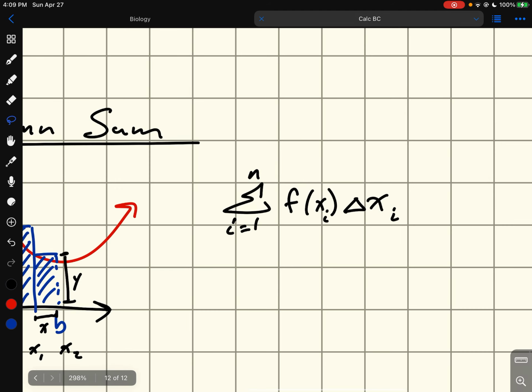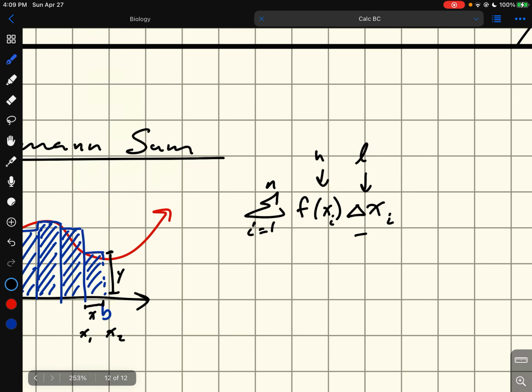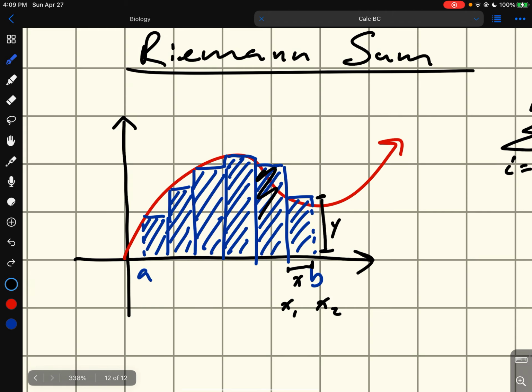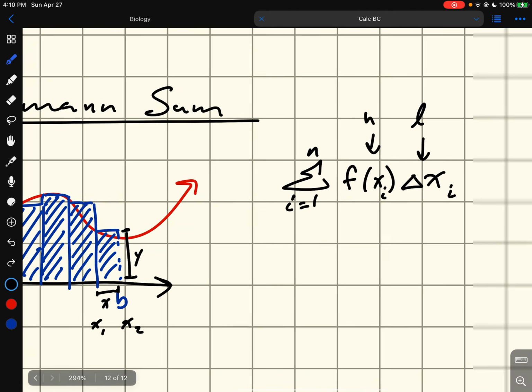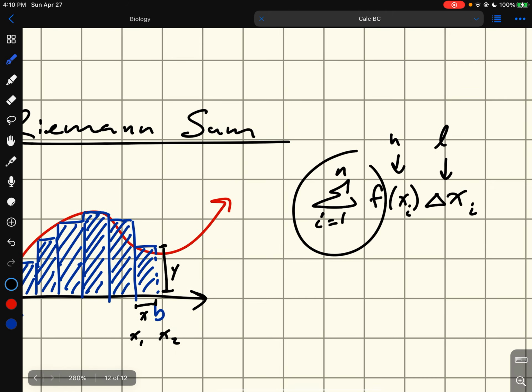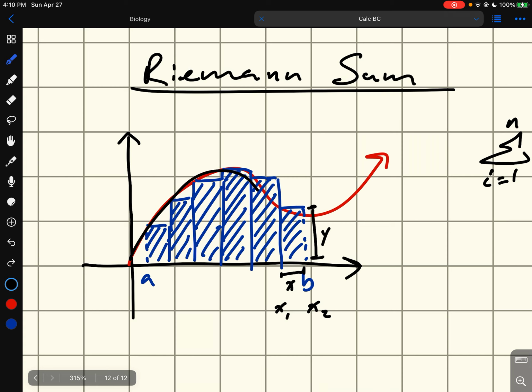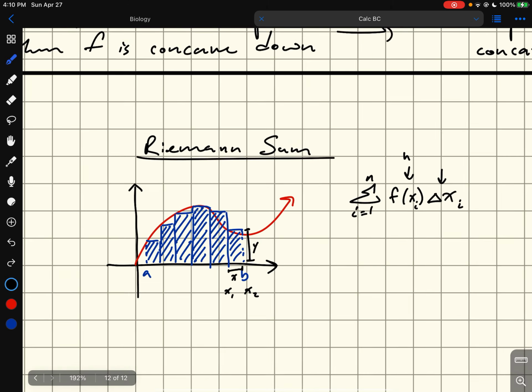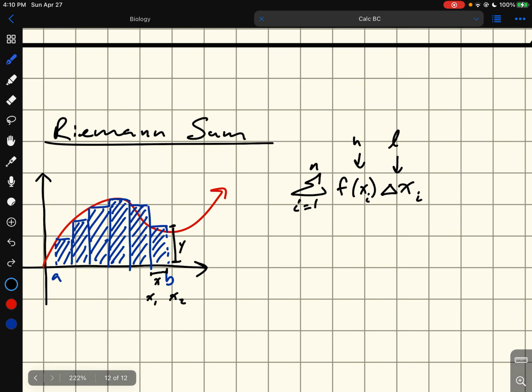This is your y value, or your height, and this is your length. Length times height gives you the rectangle. Adding up all those rectangle areas together gives you the approximation under this curve, going from a to b. So that's how you do a Riemann sum.